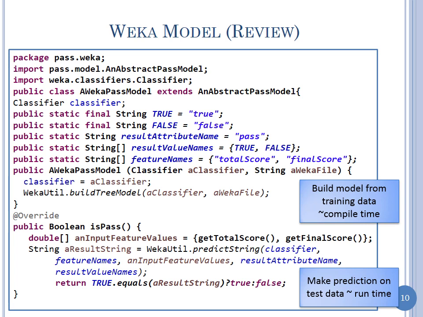So this was all running at runtime as far as the Java program is concerned, but it had a constructor that first created the Weka model, and then during interaction time, after the object had been initialized, it went and asked for classifications. Okay, so every time the superclass said, hey, tell me whether these scores are passable or not, the isPass method was called, and it made predictions based on the created model.